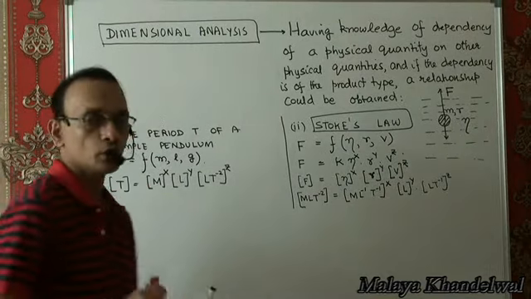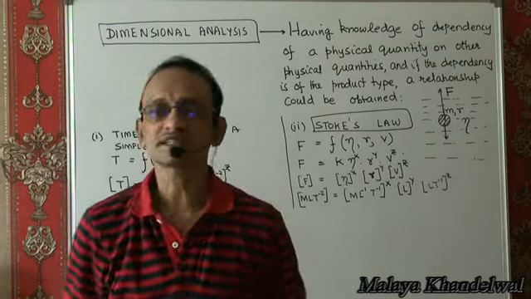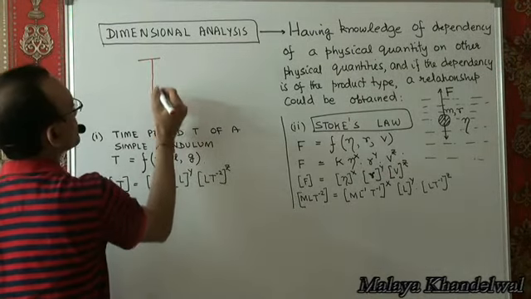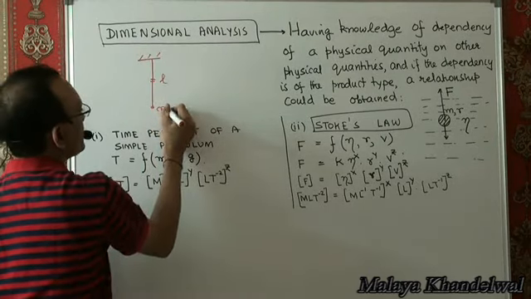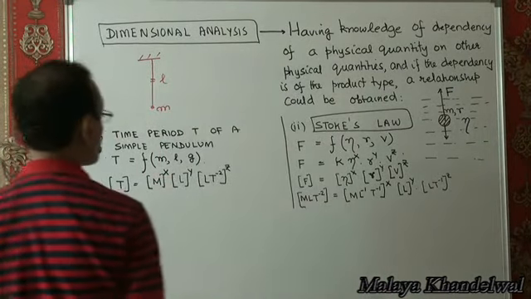Now, let's talk of a simple pendulum. A simple pendulum has a certain length L with a mass m attached at its end.